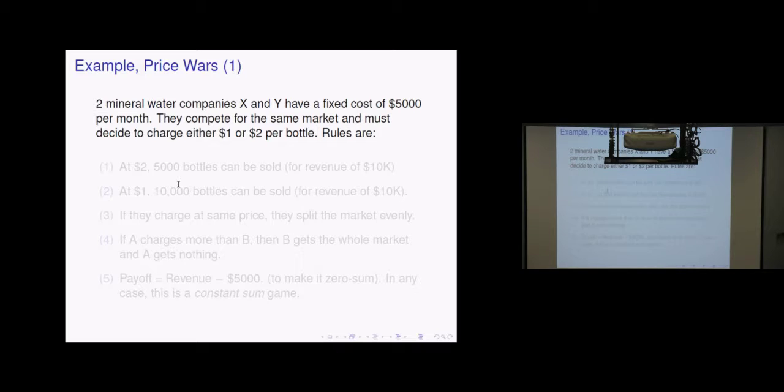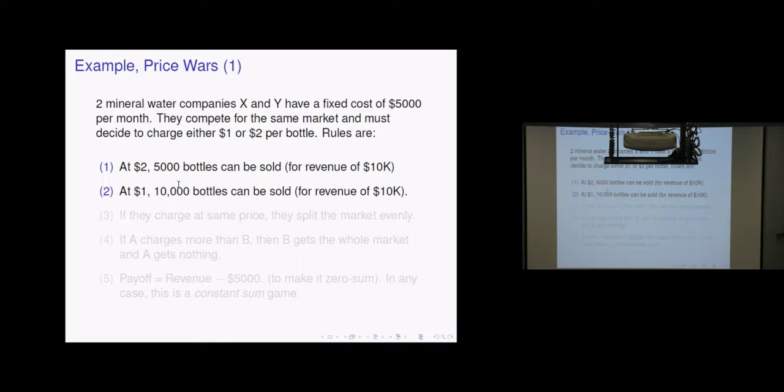So there are two companies selling water, and the possible moves are $1 or $2. If they sell at $2, 5,000 bottles can be sold, so the revenue is 10K.